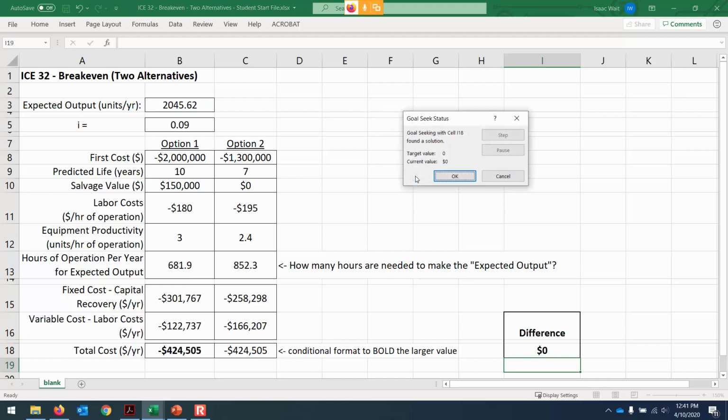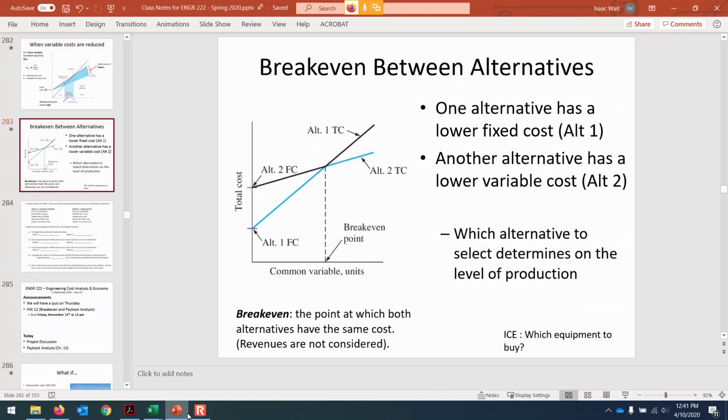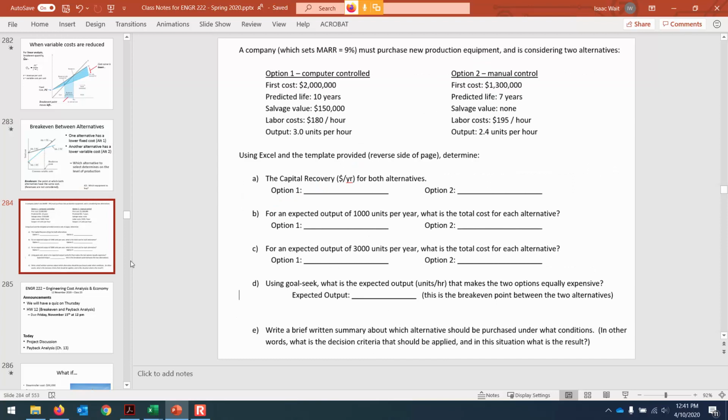Click OK, and that tells us 2045.62, and you can't make a fraction of a unit, so it would be 2046 units is the break-even point between alternatives. So here, using goal seek, what is the expected output units per year that makes the two options equally expensive?